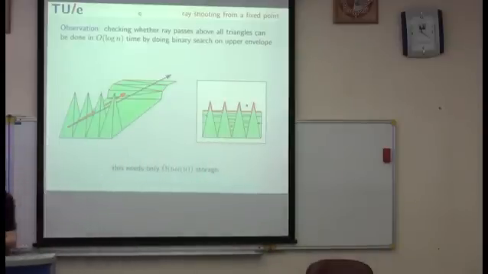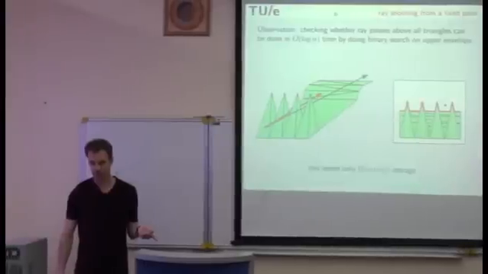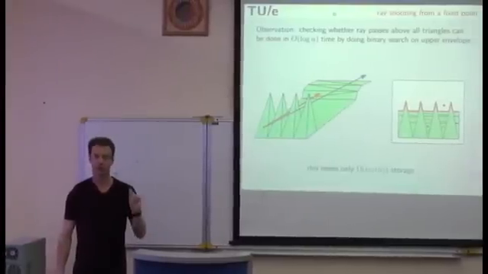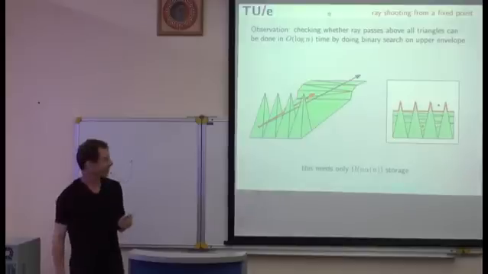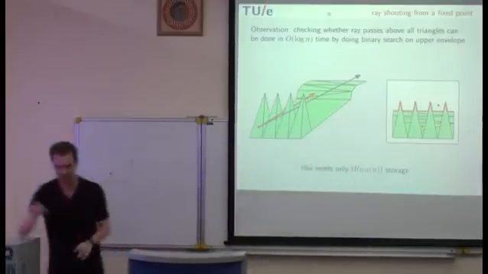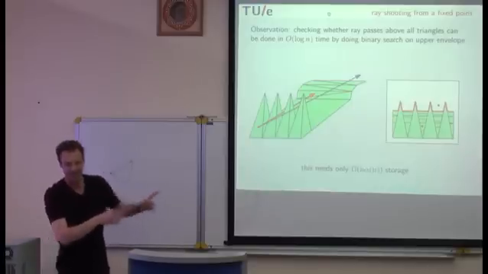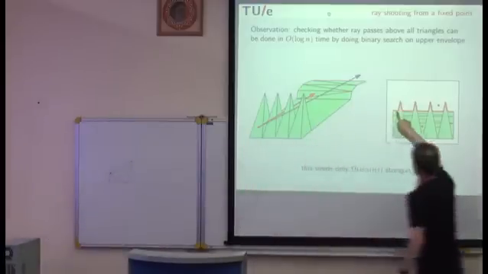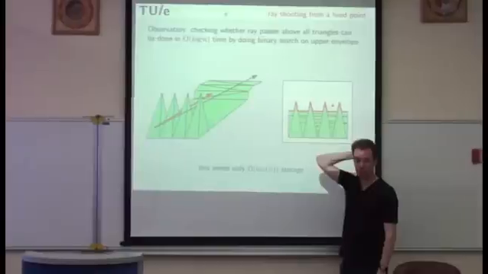So how much storage do I need? Roughly linear, but how much exactly? It's already here. Good. You're cheating. Yeah, right, because this is basically an upper envelope of my segments.